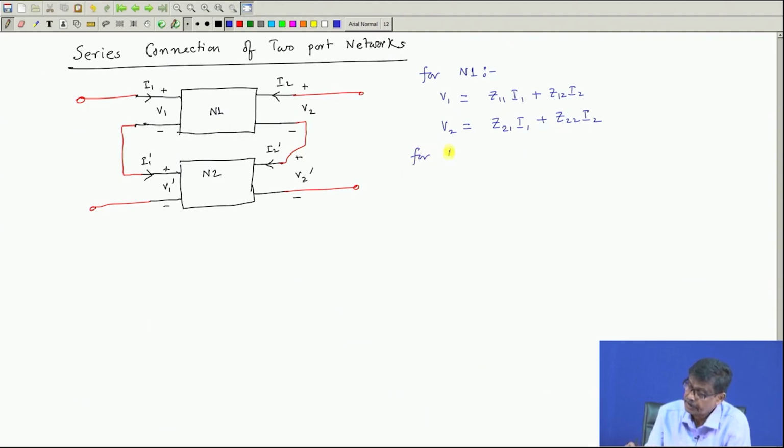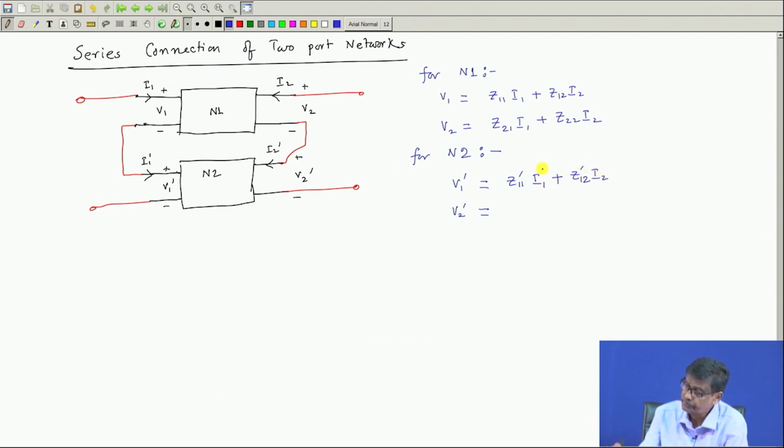For network 2, what I will get? So far as this one is concerned, all the parameters will be replaced by dashed ones. So, V1 dashed is the input port voltage for N2, and V2 dashed is the output voltage, and they are expressed in terms of Z11 dashed I1 dashed plus Z12 dashed I2 dashed for this network. Parameter values may be different, we do not know.